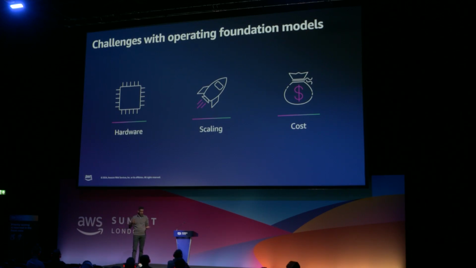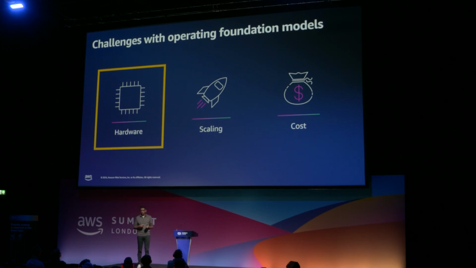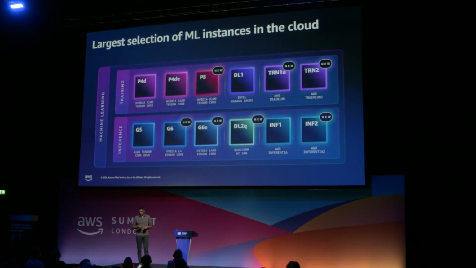So let's look at how AWS can help you with some of these challenges, starting with hardware. Getting access to that compute is super critical to building any Gen AI service. And on AWS, you get the largest selection of accelerated instances that you can get on cloud. So for example, on the training side, we have the P5 instances, and these are powered by NVIDIA's H100 Tensor Core GPUs.